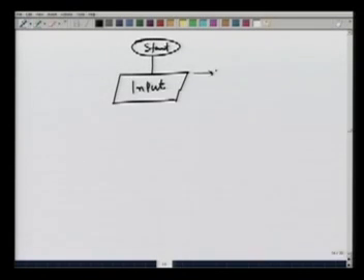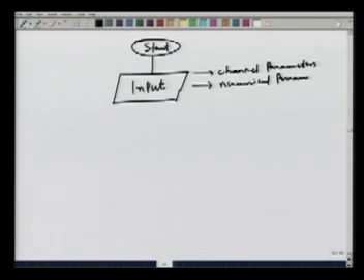It will be different channel parameters such as slope, length, its cross section at different places, and then we have the numerical parameters, then you may have the flow parameters, and you may have the constants.